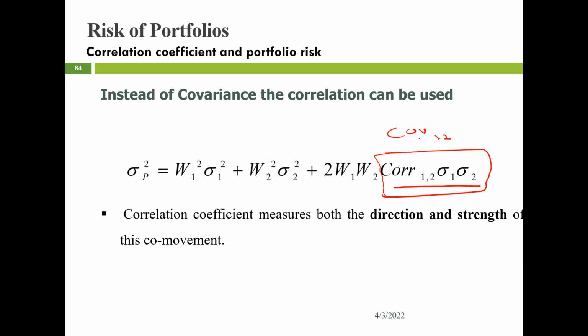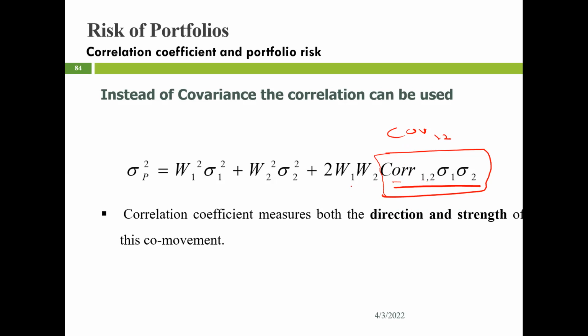Similarly, here, covariance and correlation, both we can use to measure the co-movement, but the use of the correlation coefficient is better, because the interpretation of the co-movement is easy, and also identification of the co-movements of the two stocks' returns is easy by looking at the correlation coefficient.